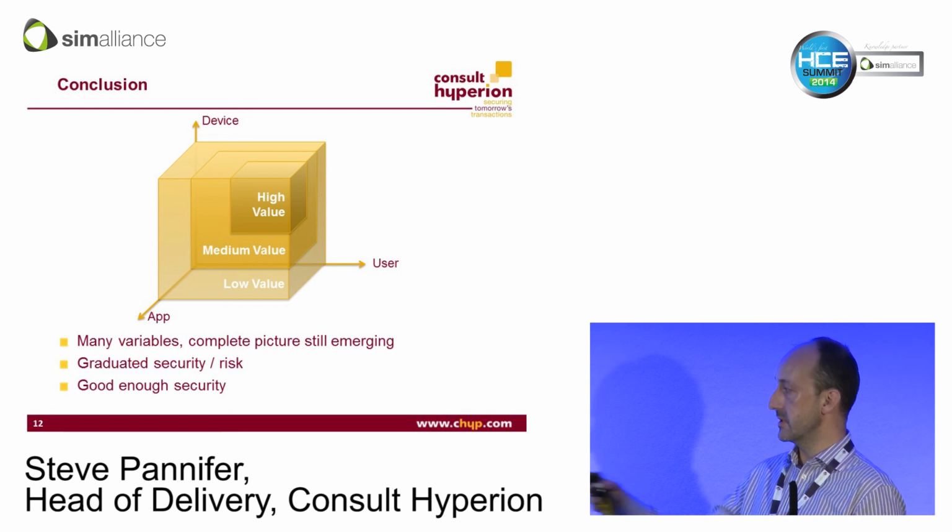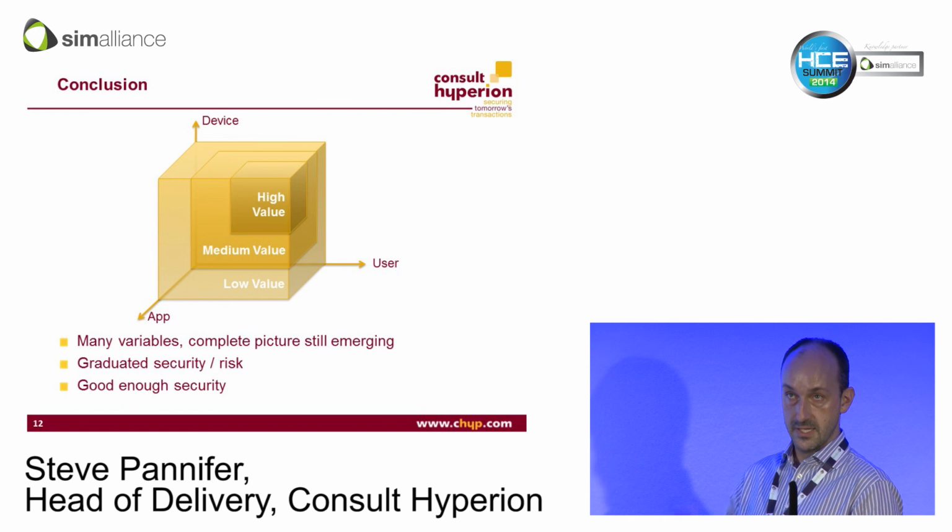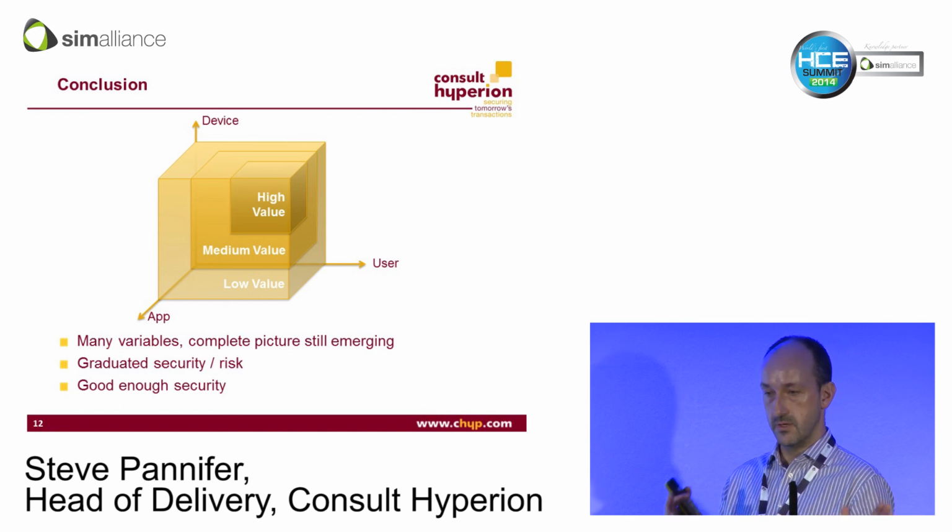But other times the risk might be too high, so you only support low value transactions. So this is a change of mindset for card issuers. It's no longer a case of thinking about low value and high value, or card present and card not present. There's going to be some kind of graduated scale, I think, potentially.